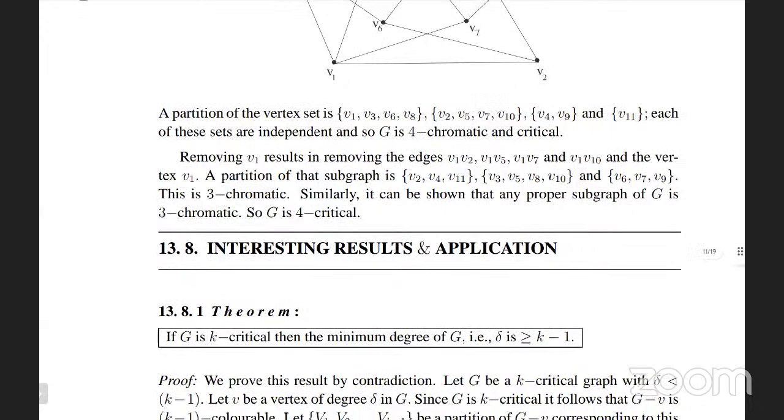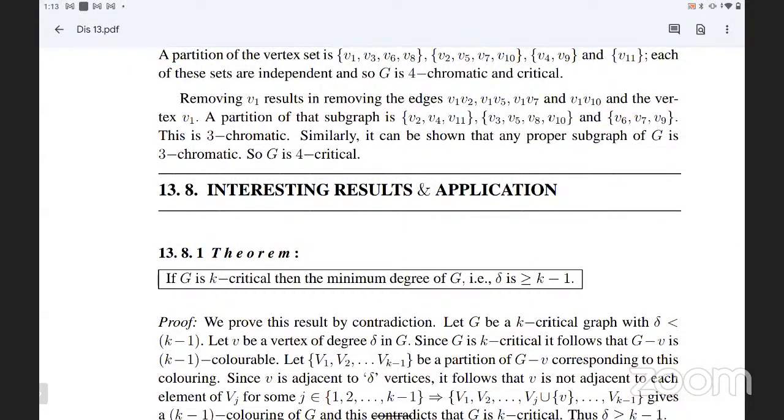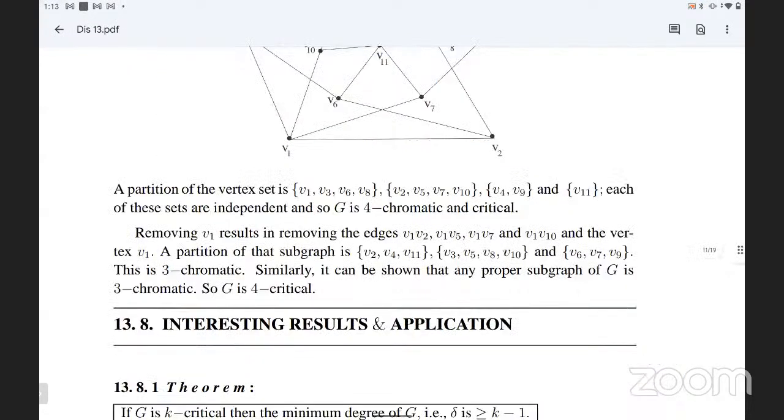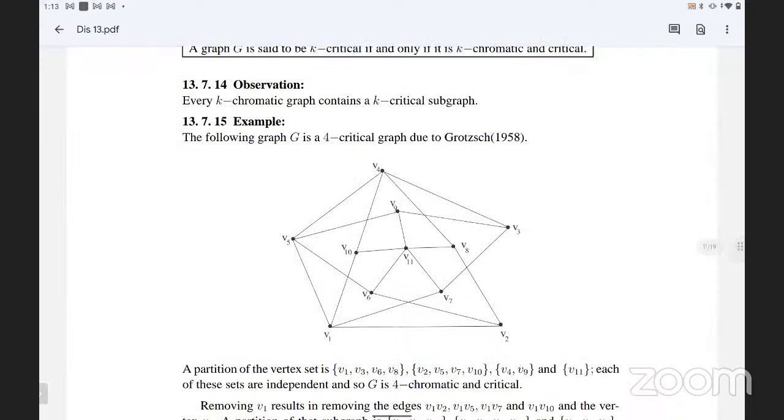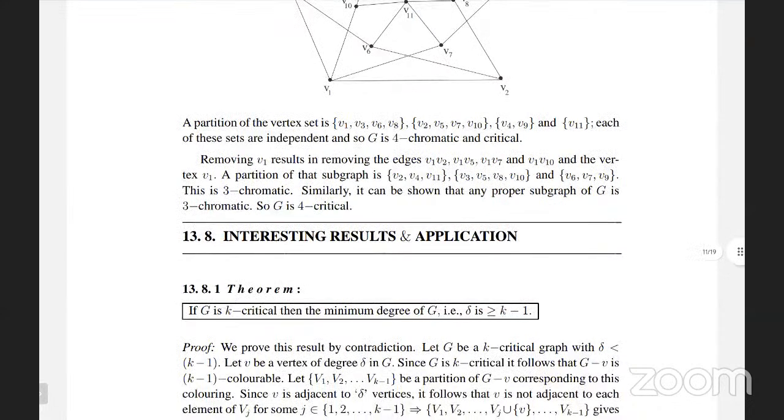The partition of the vertex set is V1, V2, V3, and so on up to V8 for the chromatic number. Simply, 4 chromatic means it should be divided into 4 groups. That is the idea. So V2, V4, V11 and V3, V5, V8, V10 and V6, V7, V9 is also one group, and V1, V10 is also one group. So that is how it comes to 4-critical.